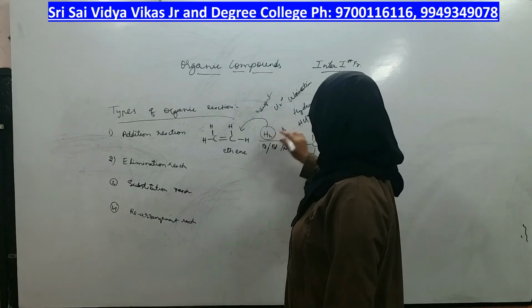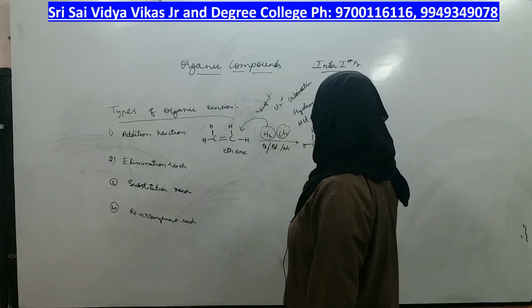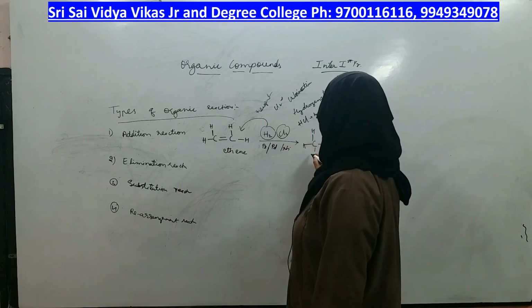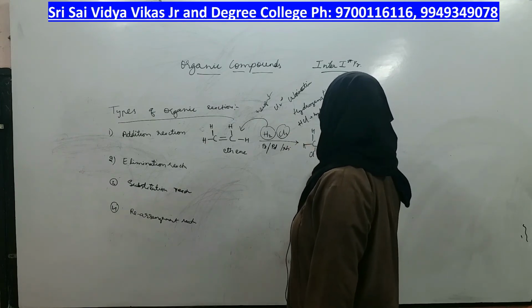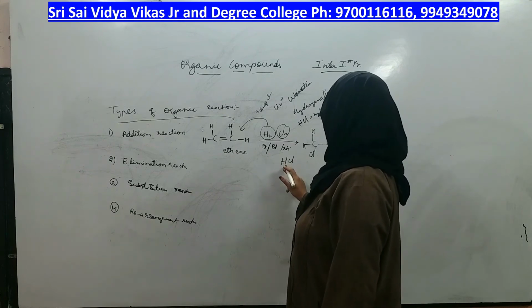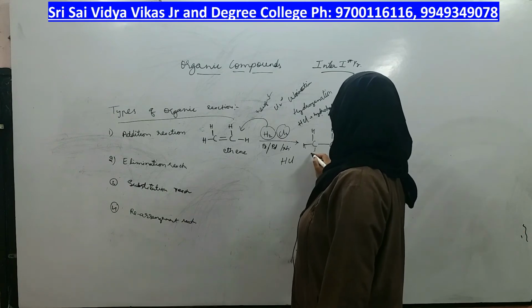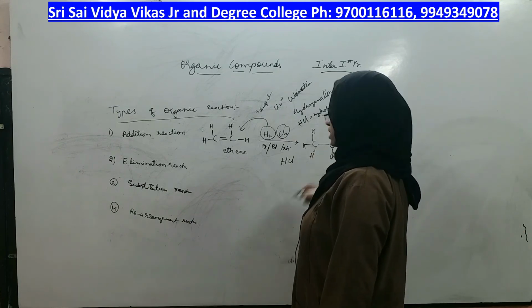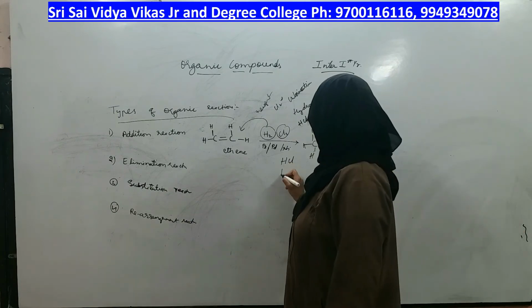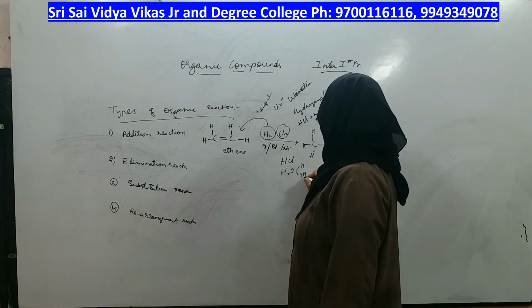If you add Cl2, how should be the addition? Break that pi bond, and from that Cl2 there are two chlorines, one comes here, one comes here. If you add HCl, in HCl there is H and there is Cl. So what you will do? You will add H at one carbon, Cl at another carbon. If you add water, what is present? H is present, OH is present, right?